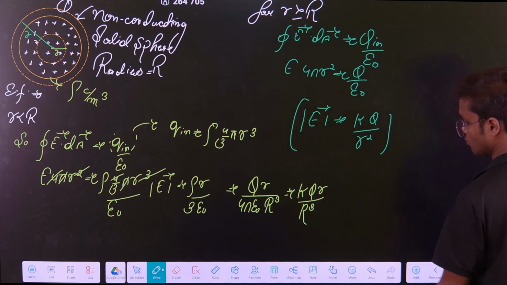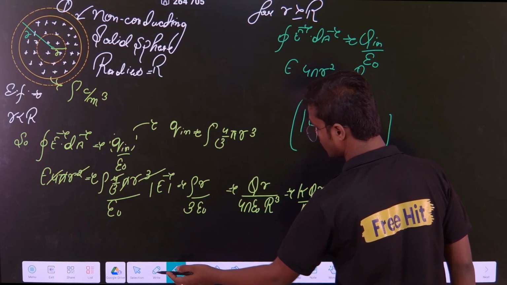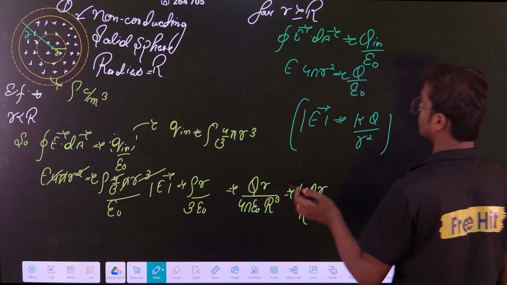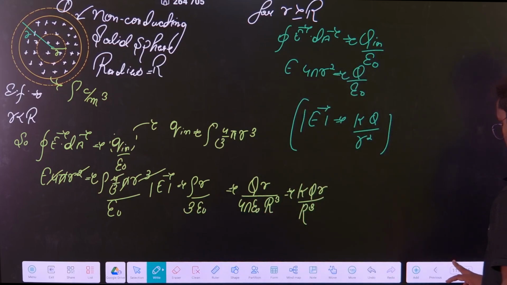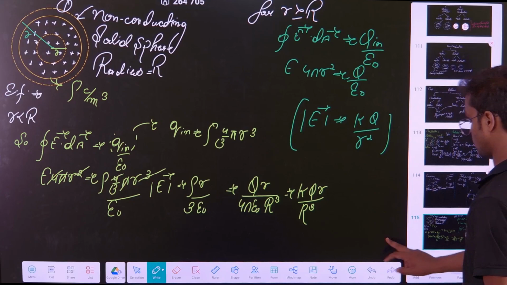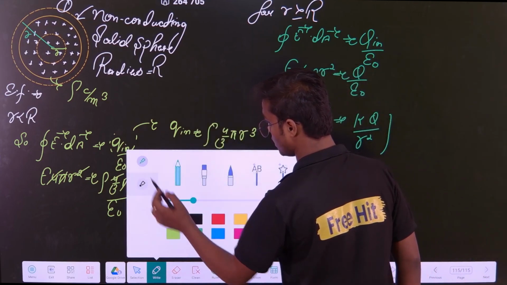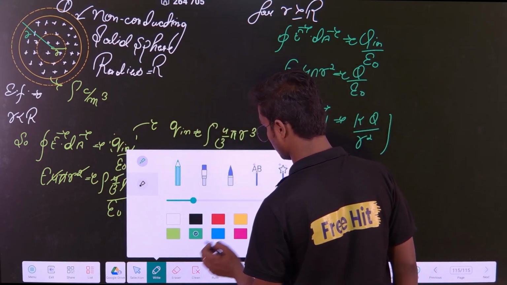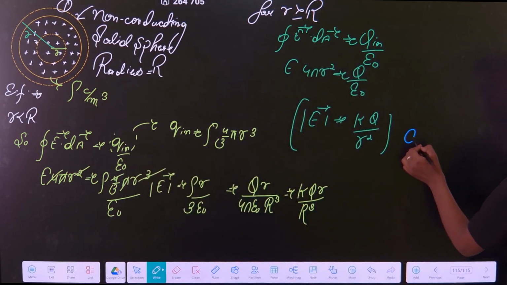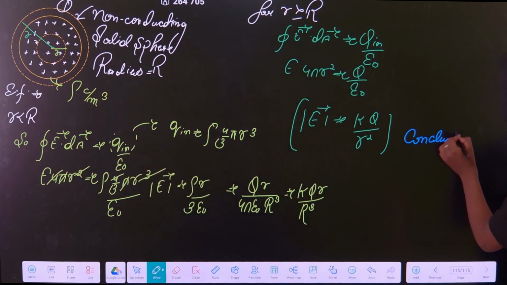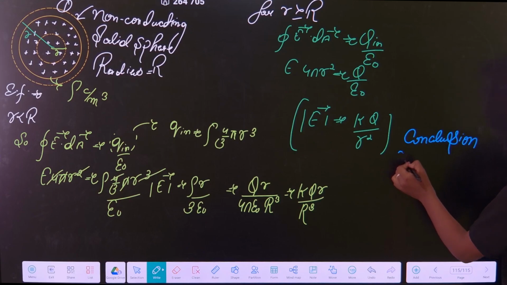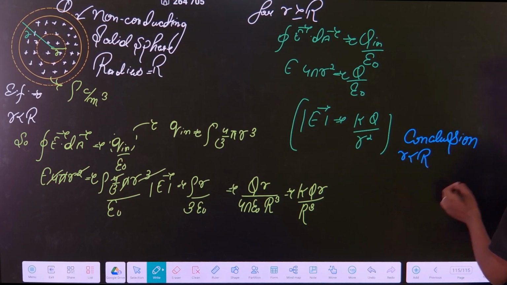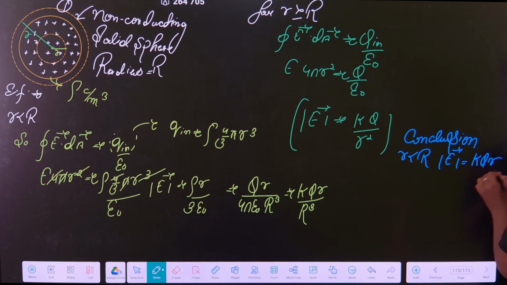So what is the conclusion you have drawn? Let me write the final conclusion here. The conclusion we have got from here is that for r less than capital R, that is an inside point, my electric field is KQr upon capital R cube, or this can also be written in terms of rho r by 3 epsilon naught.